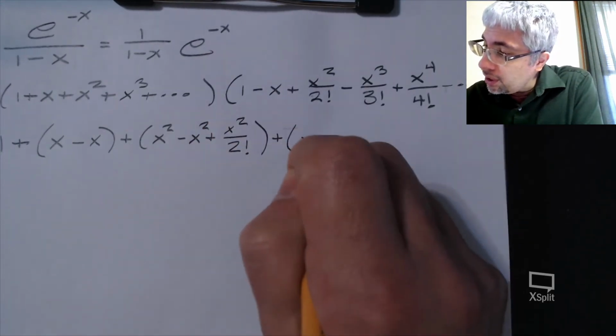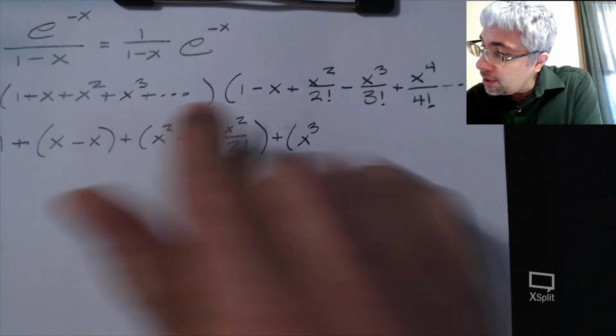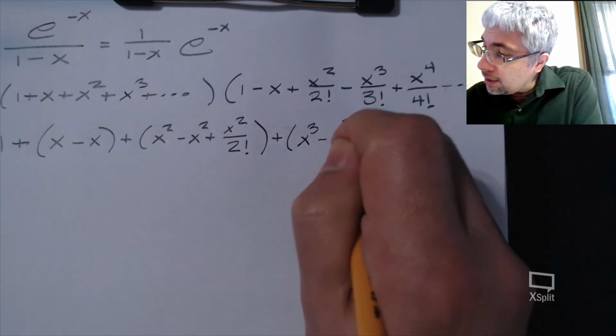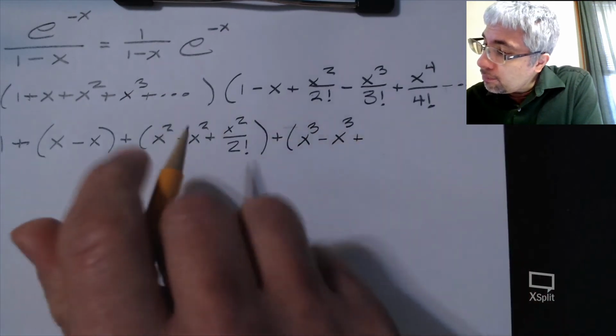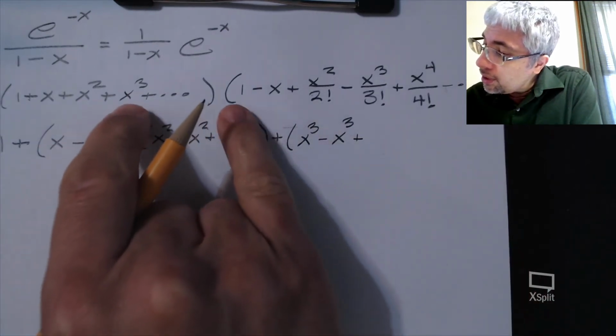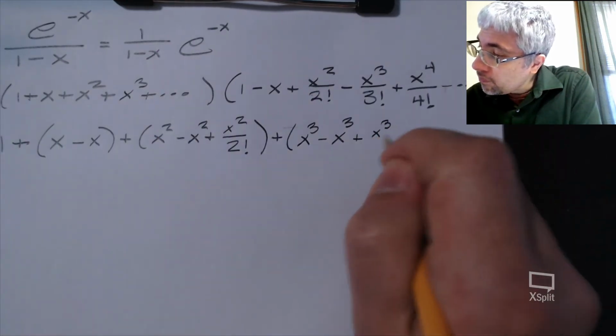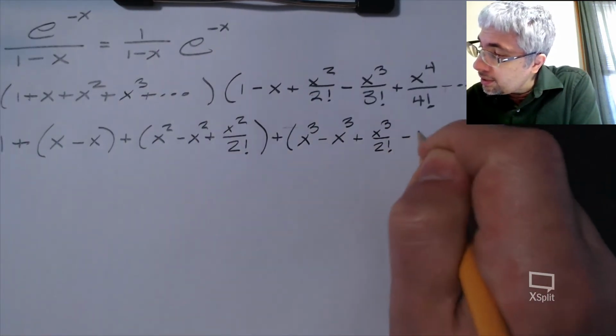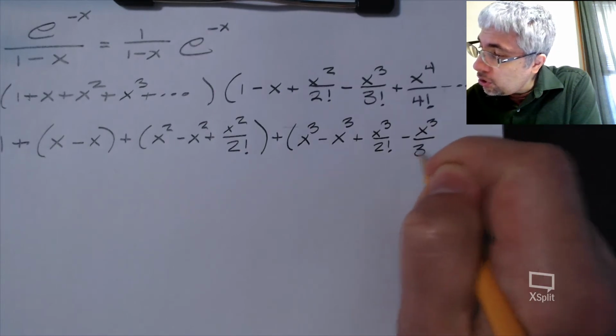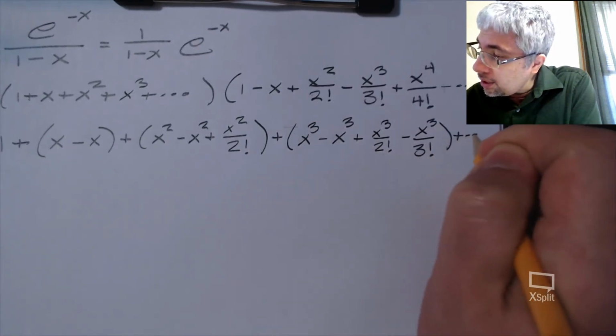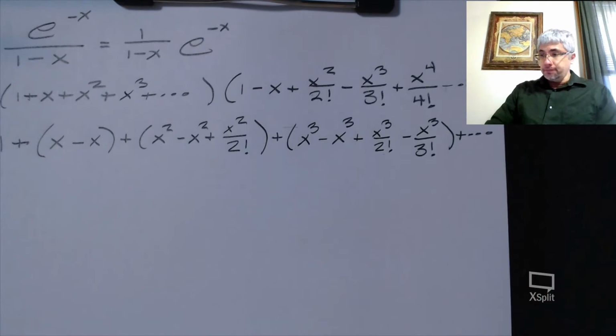For the next one, x cubed minus x cubed plus x cubed over 2 factorial, and it'll be minus x cubed over 3 factorial, and so on and so forth here.